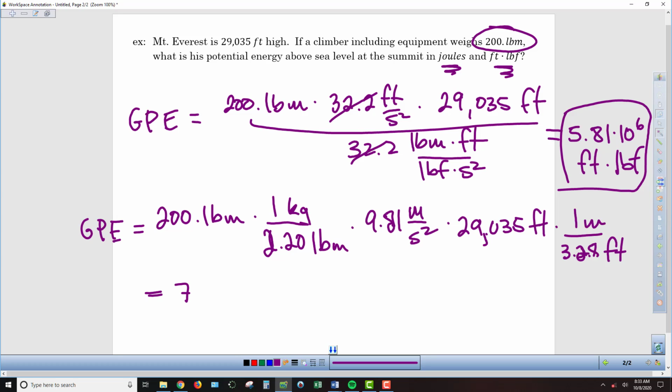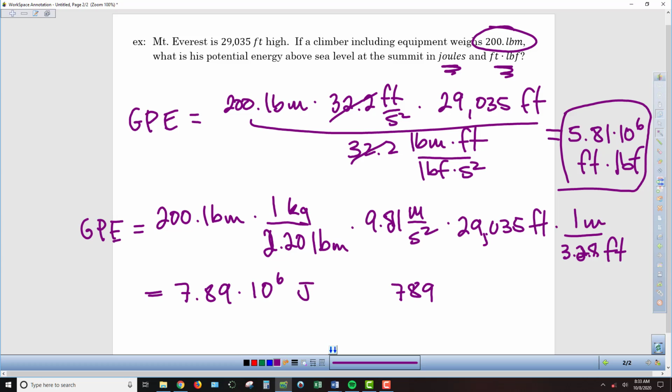And so we can say that our answer is 7.89, again, to 3 significant figures, times 10 to the 6th joules. Or if we wanted to use an answer that's between 1 and 1,000, that would be 789.